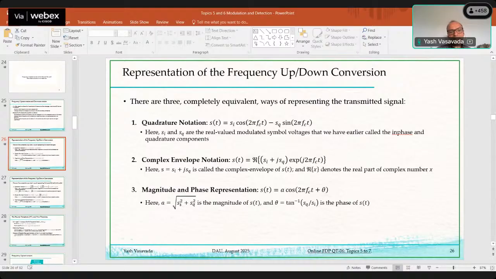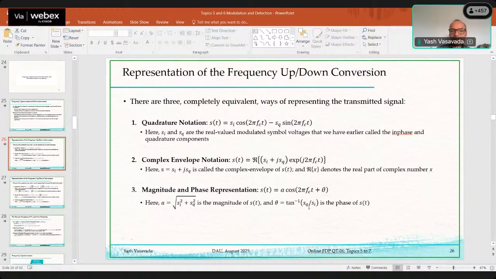But the magnitude A is the same for all 4 symbols of QPSK. It is also the same for 2 symbols of BPSK. So QPSK and BPSK do not make use of the magnitude to transmit information. The way they transmit information is by changing the phase. Why?